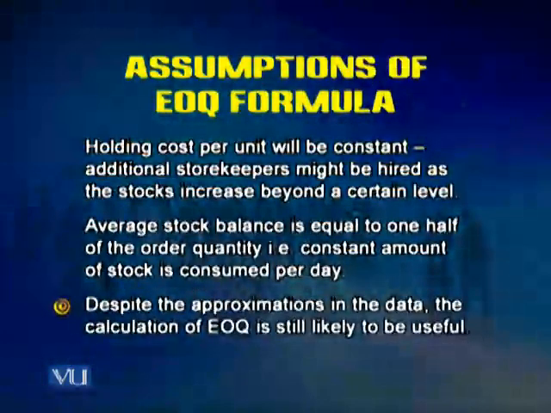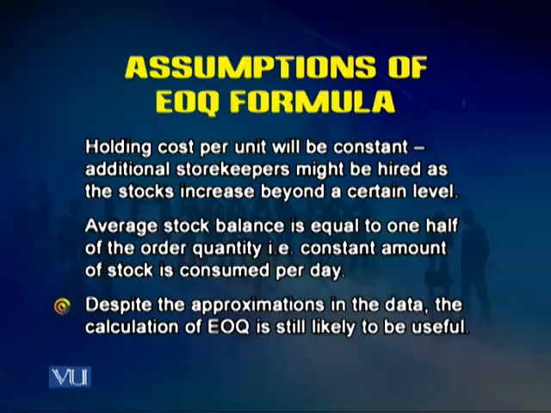So the formula is again going to give you an estimate of the order quantity, which is going to minimize the cost, but in actual fact and in practical terms, it might not always be true. Despite the approximations in the data, the calculation of EOQ is still likely to be useful.